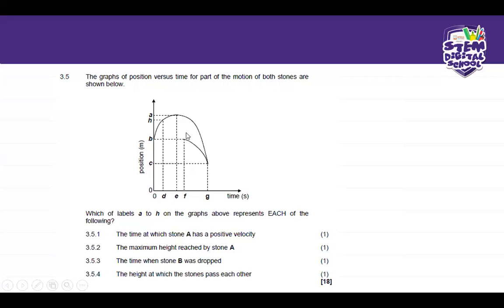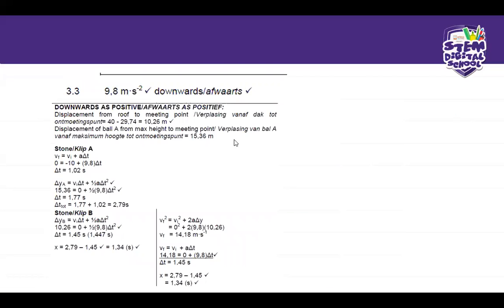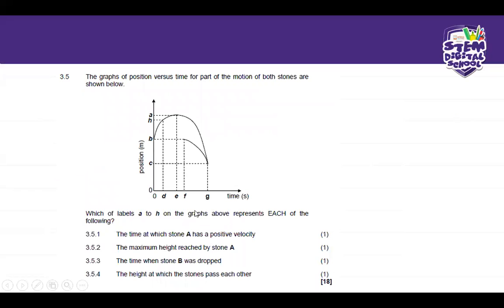It should be around this time, so it's point F. Oh, this axis is position in meters and this is the time, sorry about that. If they say the time, then we take F. But maximum height would not take the time, we take the position, which is A.